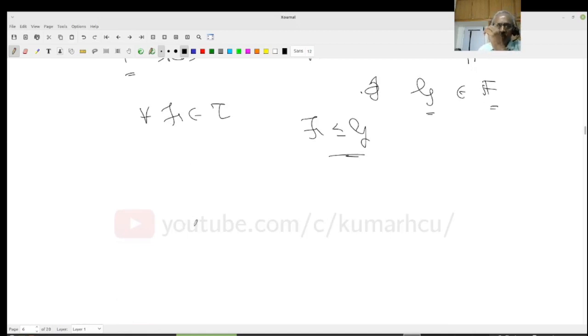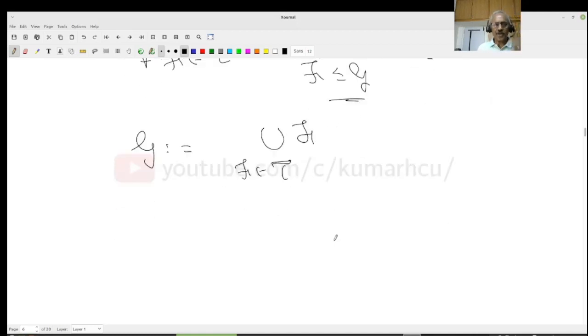Again, if you had watched my videos on Zorn's lemma and partial orders, you know how to find an upper bound. So let us define G to be the union of F, for F in tau.